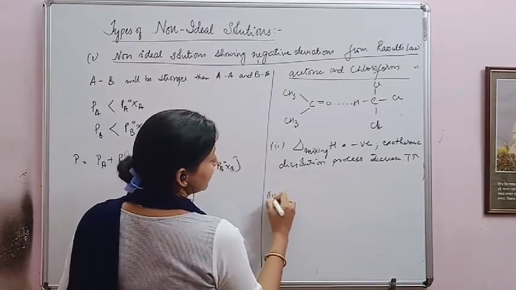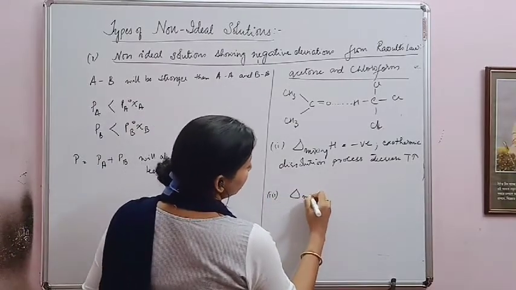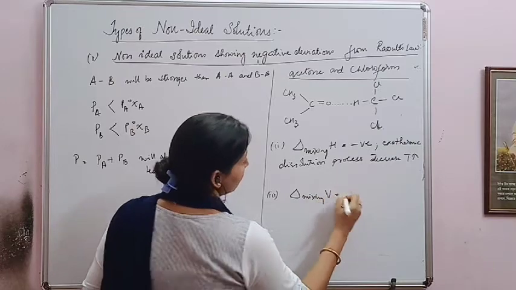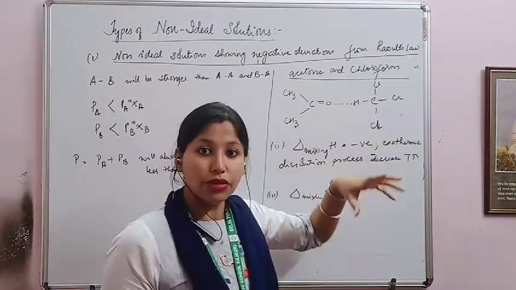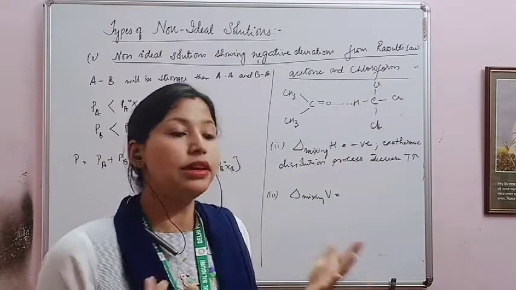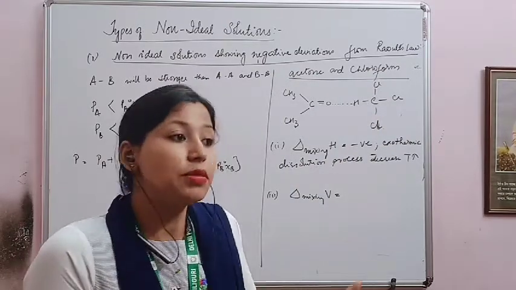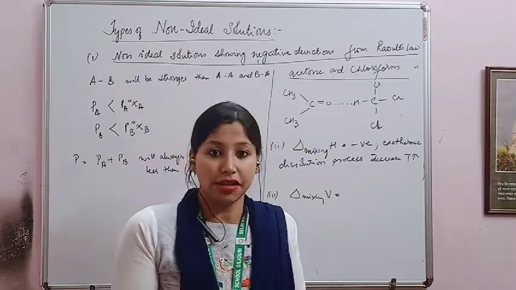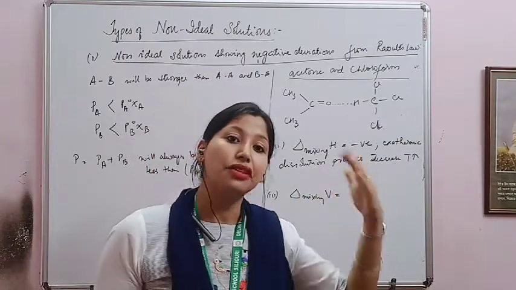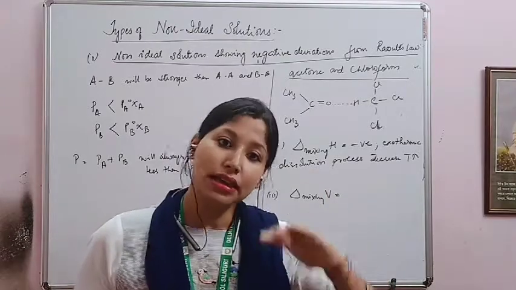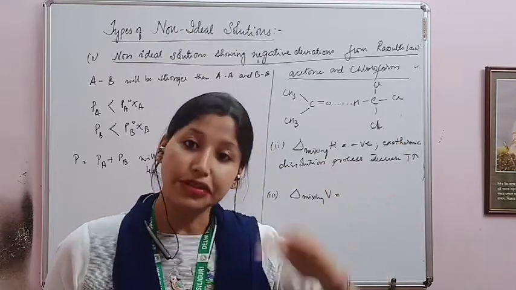And third is volume of mixing. Now, A and B molecules are holding each other very tightly. That means the new bonds that they are forming are much stronger than the previous ones. So in that case, the total volume will also decrease.